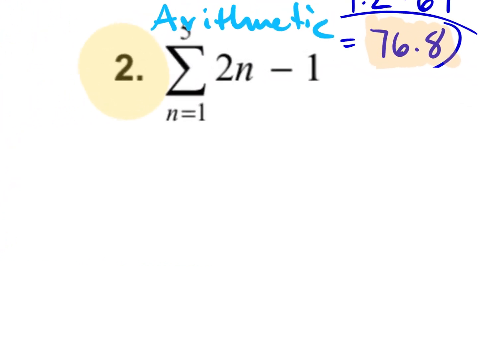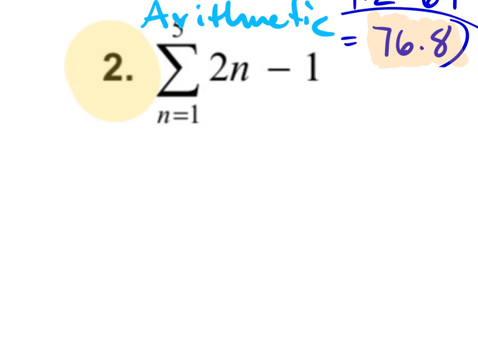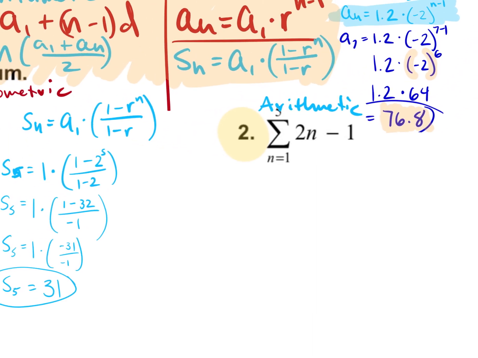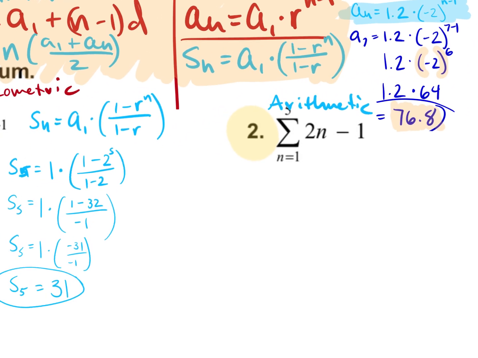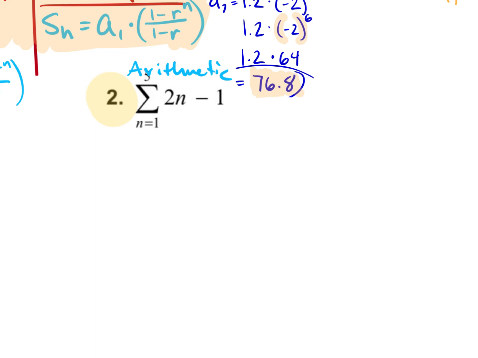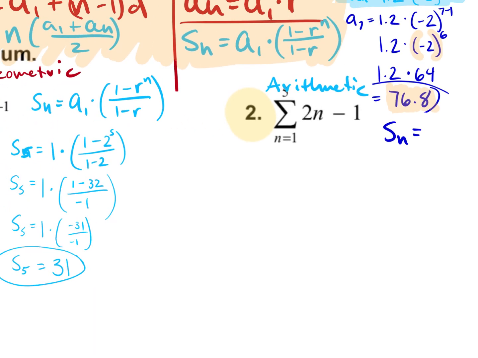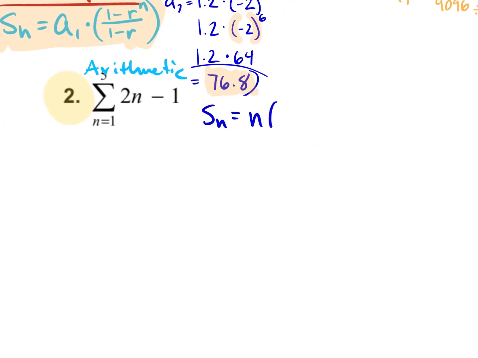Let's look at 2. So we're doing the same thing here, but we said this one's arithmetic, so we use our arithmetic sum formula. So that is S sub n is equal to n times a sub 1 plus a sub n over 2.